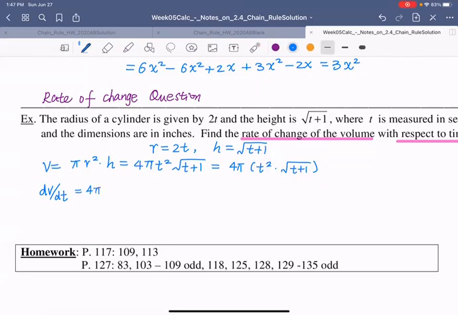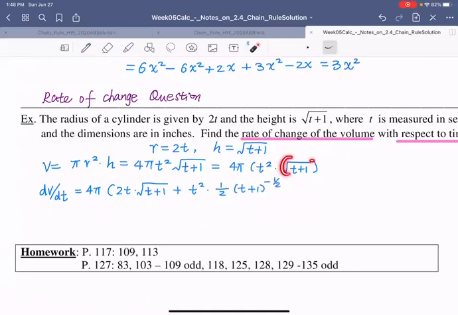So this is 4 pi, and the derivative of t squared is 2t. And then you copy down this, plus t squared times 1/2 times t plus 1 in parentheses to the power of negative 1/2.